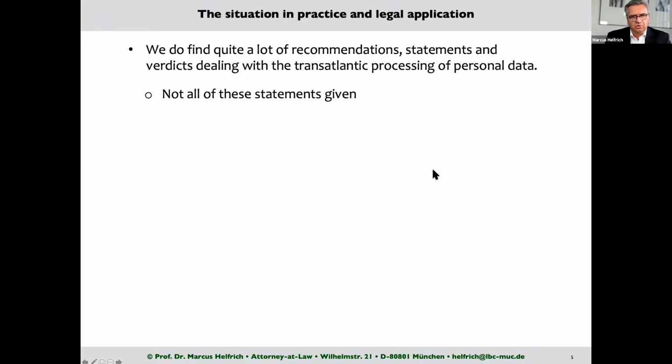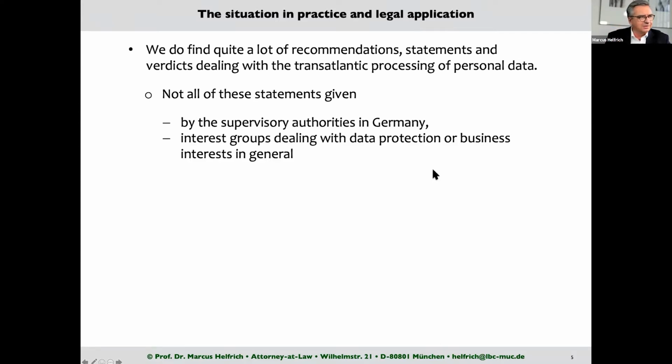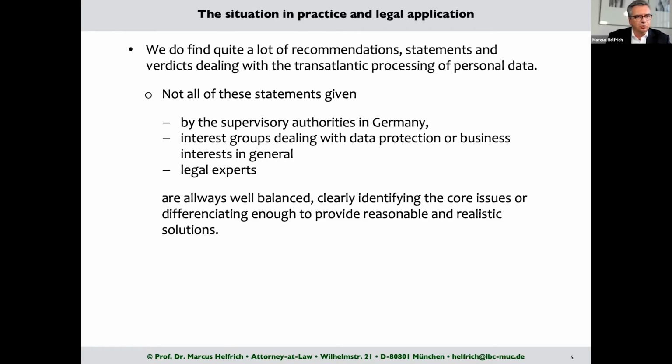Unfortunately, not all of these statements, given either by supervising authorities, by interest groups dealing with data protection or business interests, or by legal experts, are well balanced or differentiated enough, and not all of them clarify the core issues of the topic.